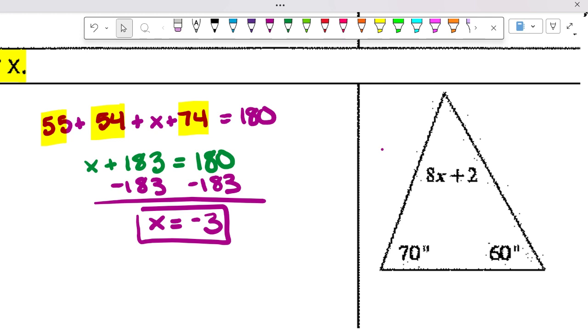All right. So before we go over it together, what I want you guys to do is take about a minute, talk with your group mates, compare answers. Compare work, compare answers.